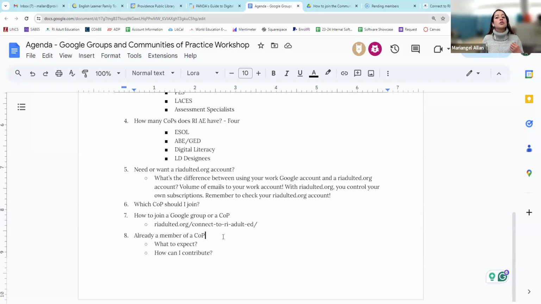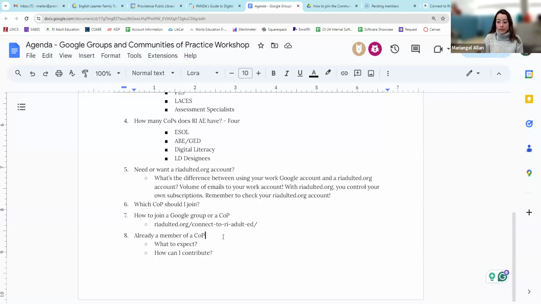Whether it be information or questions or any kind of related topics, they will be shared in that community of practice. So you can expect to receive emails from that community of practice on a weekly basis.